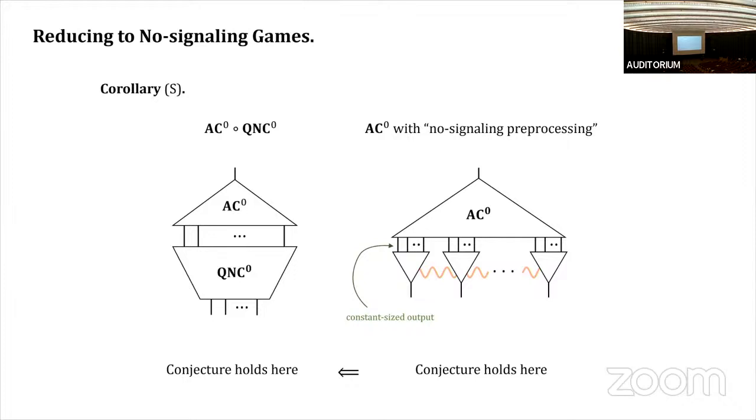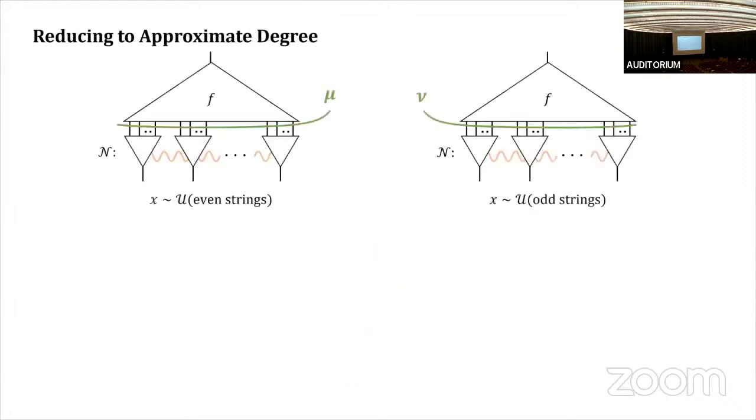And if you think about how parity relates to the locality of this channel, which is this no signaling channel, you realize that any marginal of this channel that doesn't involve one of the players is going to be indistinguishable.